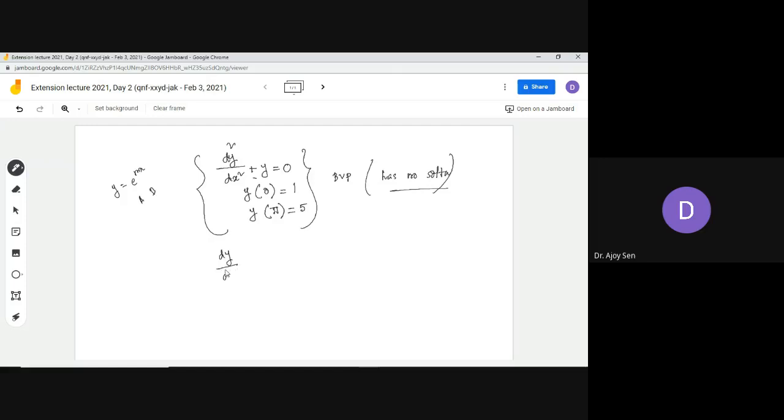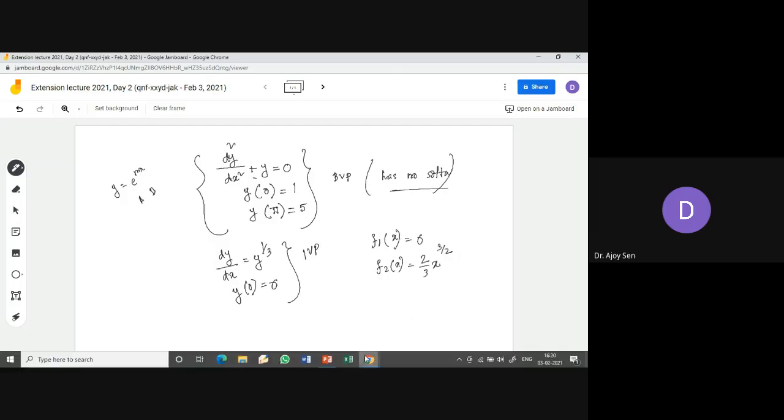Now, another example. This is dy/dx equals y to the power 1/3, and y of 0 equals 0. This is again an initial value problem, not a boundary value problem. You can check that f of x is 0, f1 of x is 0, and f2 of x is 2/3 x to the power, I guess, 3/2.